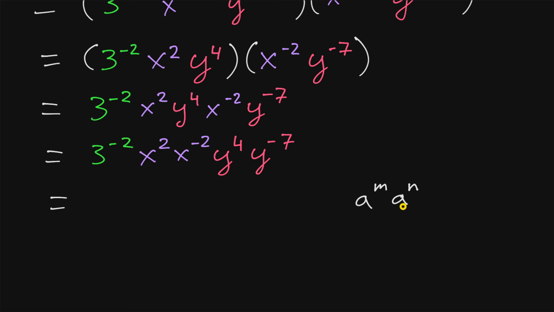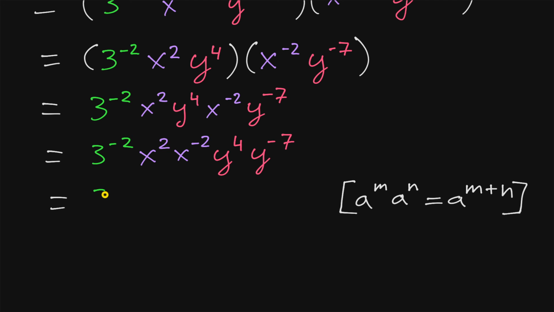It's like a and a is the same, but they're raised to a different power. That's fine. Then this is equal to a to the power of m plus n. And we can apply this exponent law directly to x's and y's in this expression.